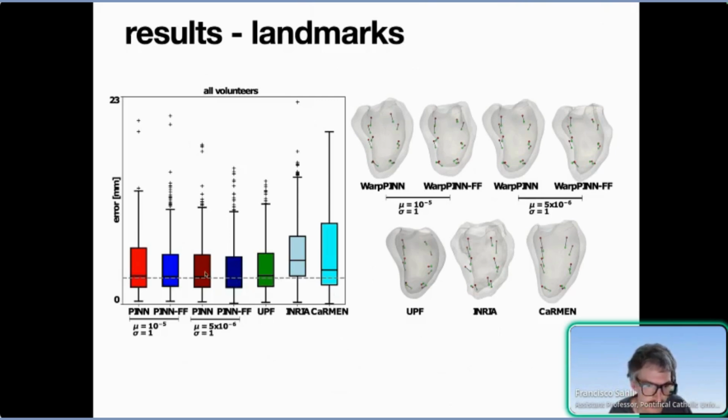Just to put this in context, all these are traditional registration methods, and this is a convolutional neural network trained in a supervised, I would say semi-supervised, way, and you can see that its performance is not that great. Now if we take a closer look, these points represent manually tracked landmarks, and we would like the red dots to be on top of the green dots.